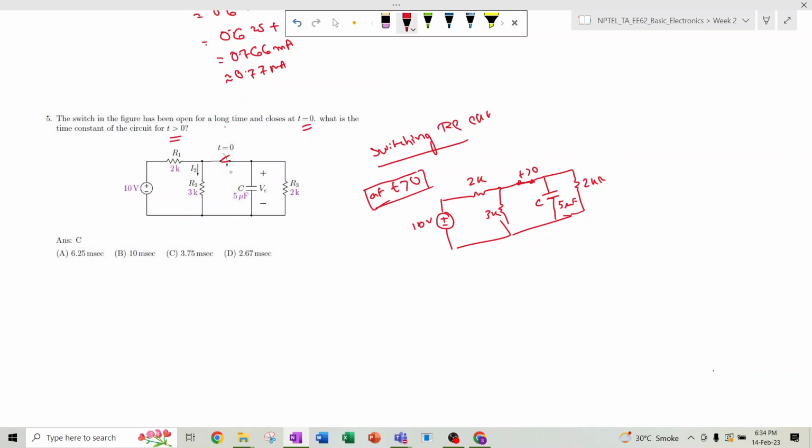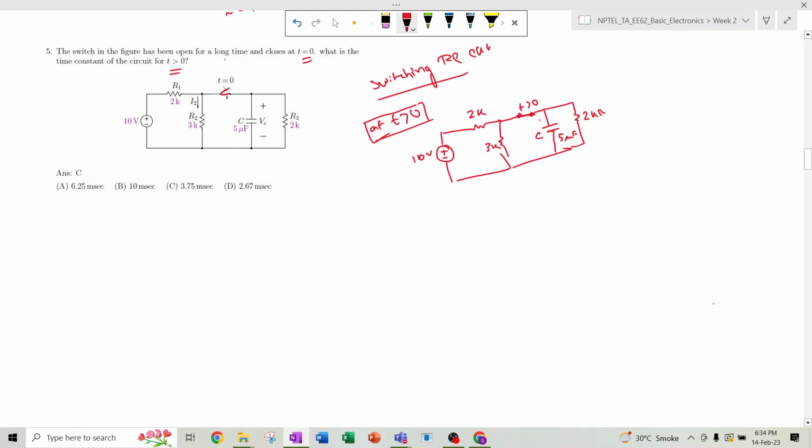So here it is 10 volt, the 2k and the 3k are here, and as it is already told that the switch has been open for a long time and closes at t equal to 0, it is closed at t greater than 0, and then there is a capacitor and the rest of the part which is the resistor. So now we need to find out the time constant.